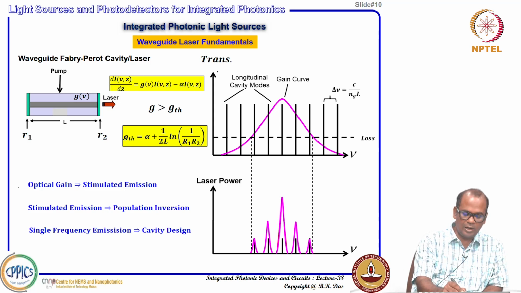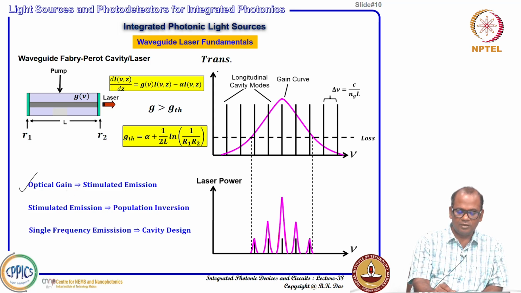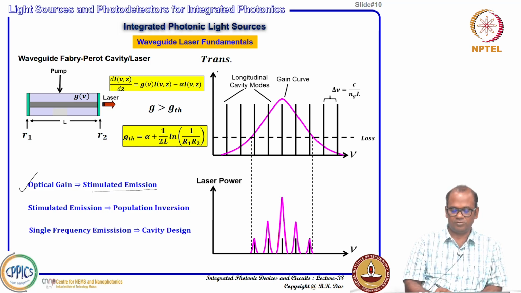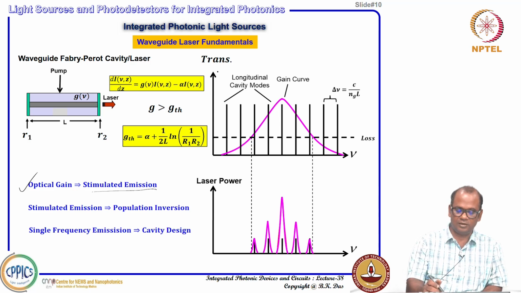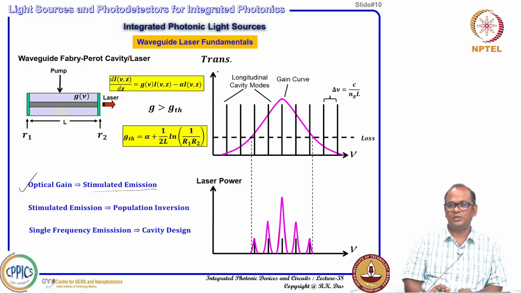What I have discussed here, optical gain, is coming through stimulated emission. Within the scope of this course I cannot discuss that in much detail, but stimulated emission means that if you have one photon and a population inversion, then that one photon will help emit another photon with its own properties.